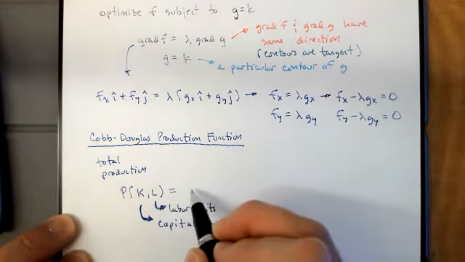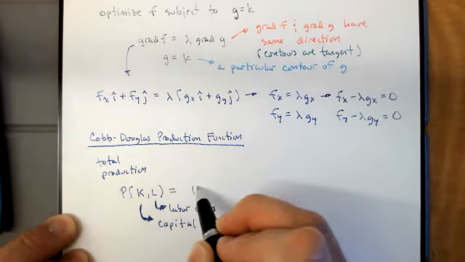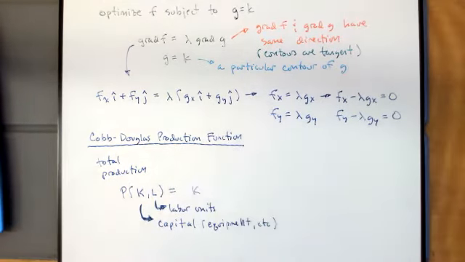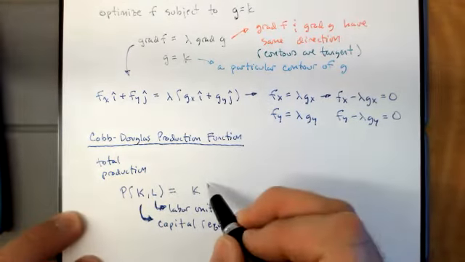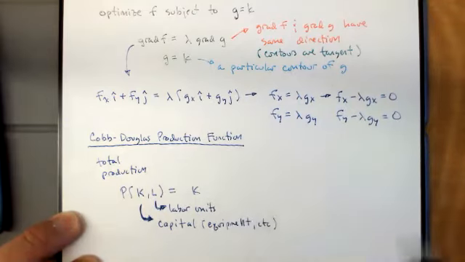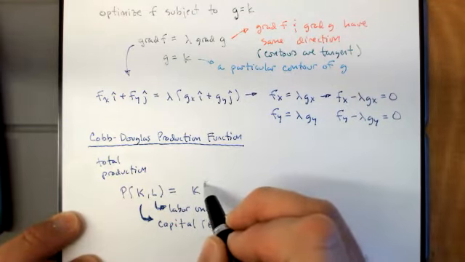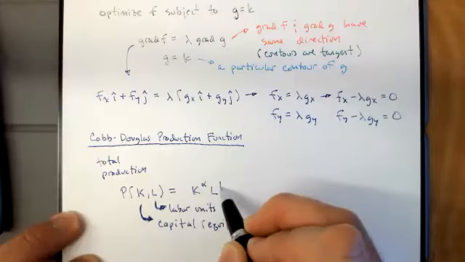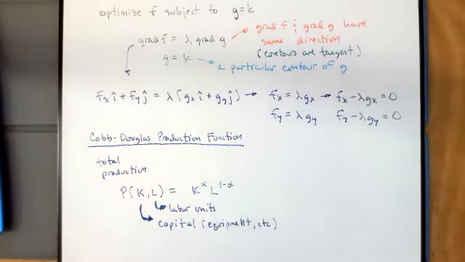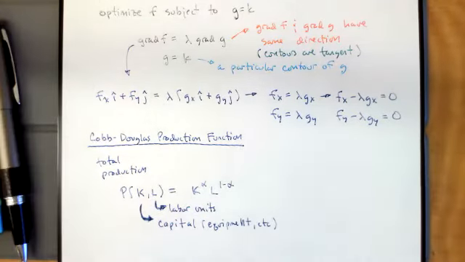When this is set up, it's written as the product of K to some power alpha and L to the 1 minus alpha, for reasons.